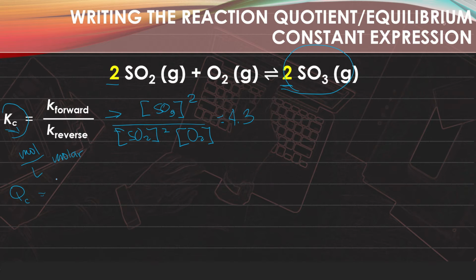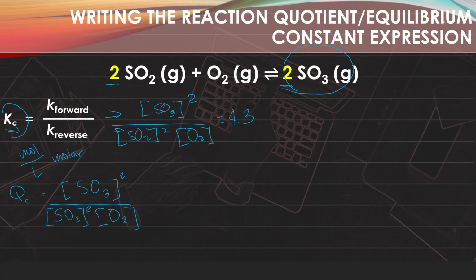So, this will be equal to SO3, which is a product. Kung ano ulit yung coefficient, siya yung magiging exponent, over the reactants, which is SO2. The coefficient of SO2 is 2, so it will be also its exponent, and then oxygen.